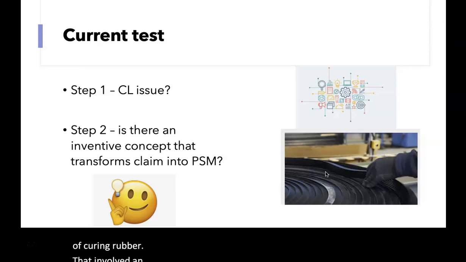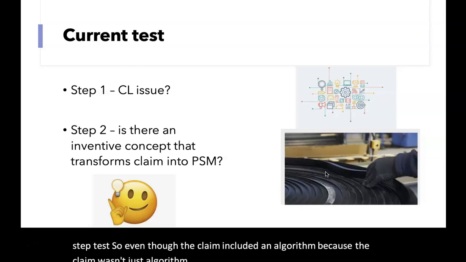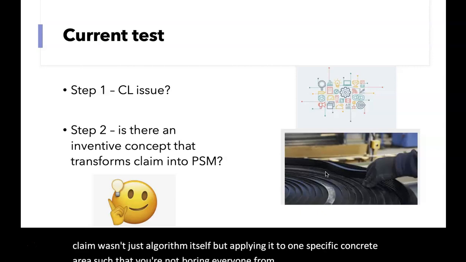And this is something that would pass the two-step test. So even though the claim included an algorithm, because the claim wasn't just the algorithm itself, but applying it to one specific concrete area such that you're not barring everyone from using the algorithm, that does pass the test.